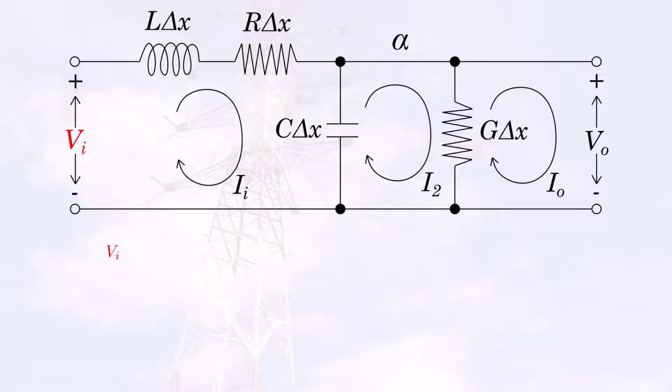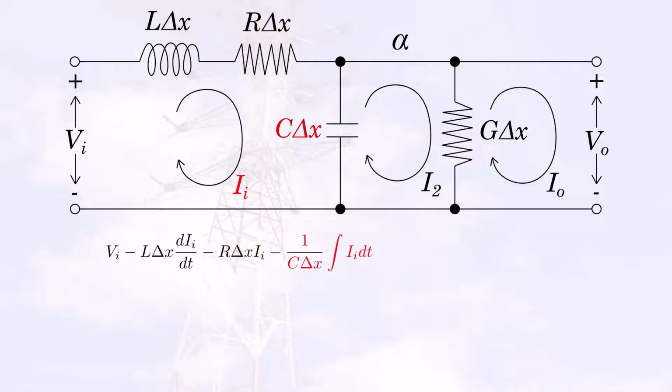So here's the analysis. We start with the input voltage, and then we have this inductor, which is affected by the first current, and using the constitutive relationship of this element we will have a derivative of this current. The next element is a resistor, and its constitutive relationship is very simple, Ohm's law.